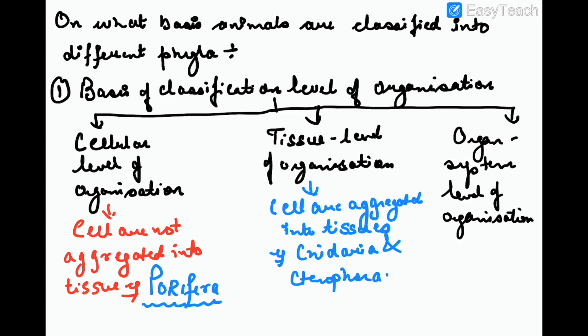And in organ level of organization, tissues are further organized into organs and organs further into organ systems. The example of organ system level of organization are all phyla from Platyhelminthes to Chordata.